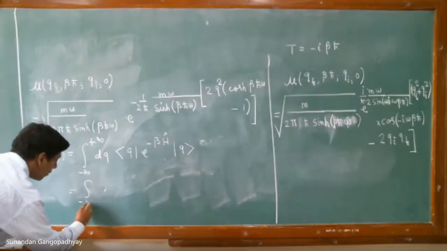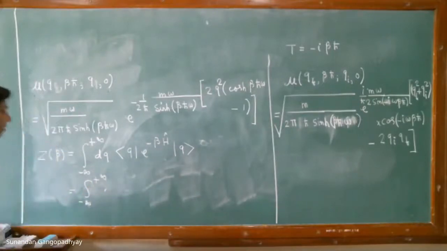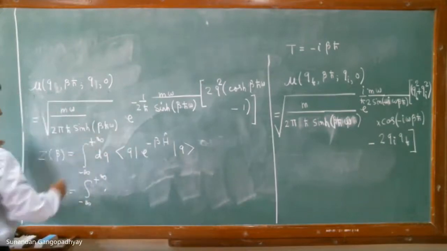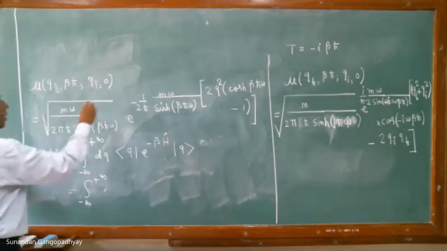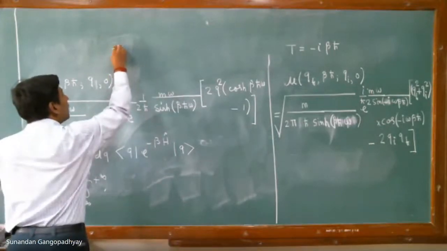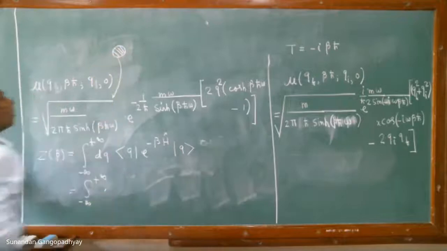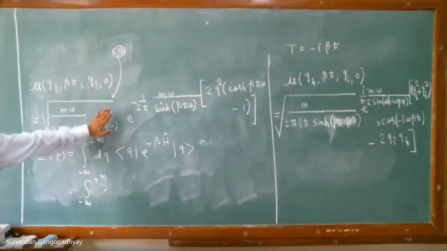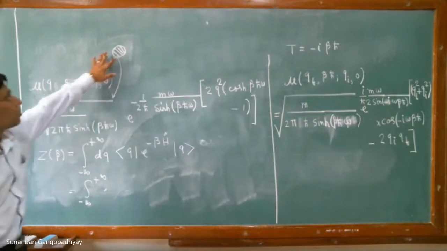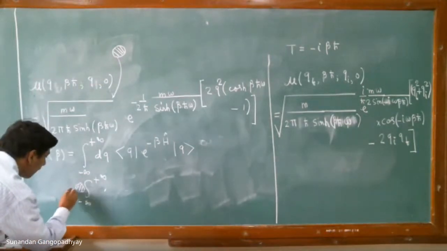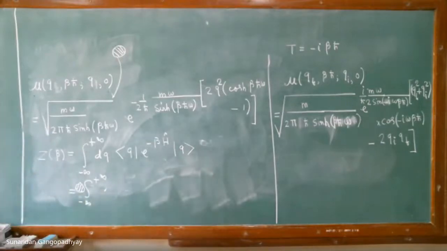This factor does not contain any q, so that will go outside. So let me call this the factor which is independent of q, and that object goes outside.